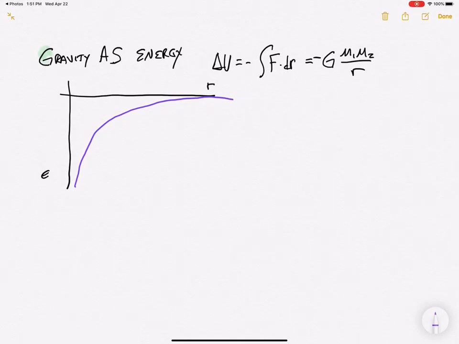So let's put this to work in a simple case of escape velocity.